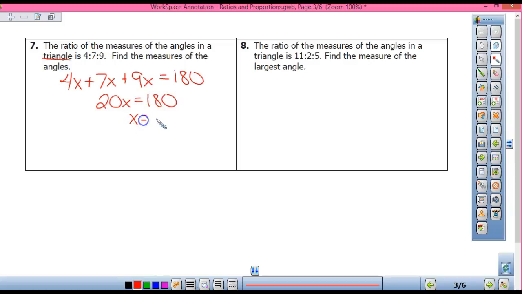X is 9. Finding our angle measures: 4 times 9 is 36 degrees, 63 degrees, and 81 degrees. All we did was plug it in. So 4 times 9, 7 times 9, 9 times 9.